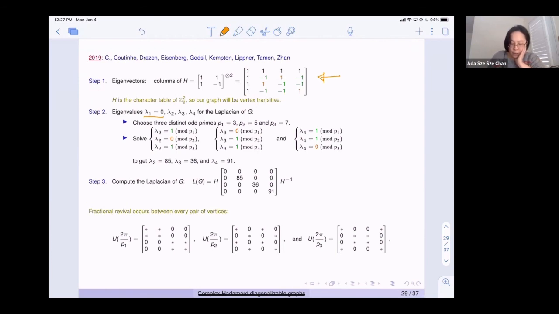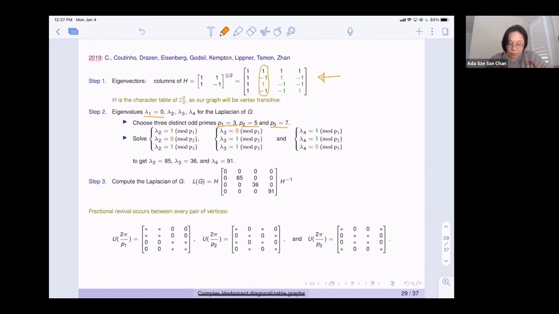So we pick 3 distinct primes. Really, all you have to do is pick 3 numbers that are relatively prime to each other. So let's just pick 3, 5, and 7. The way I set up these systems of equations is I look at the entries of the column.